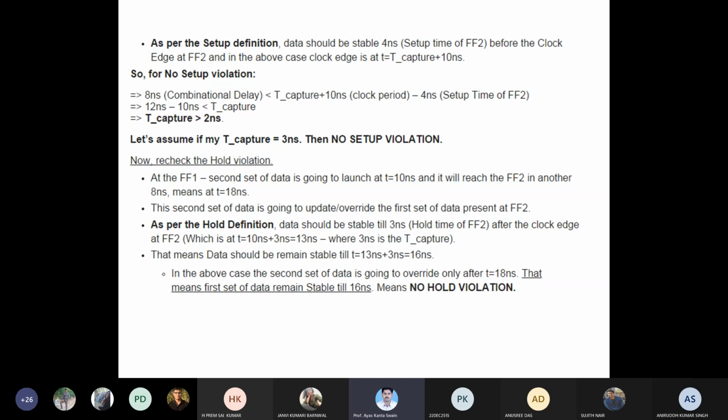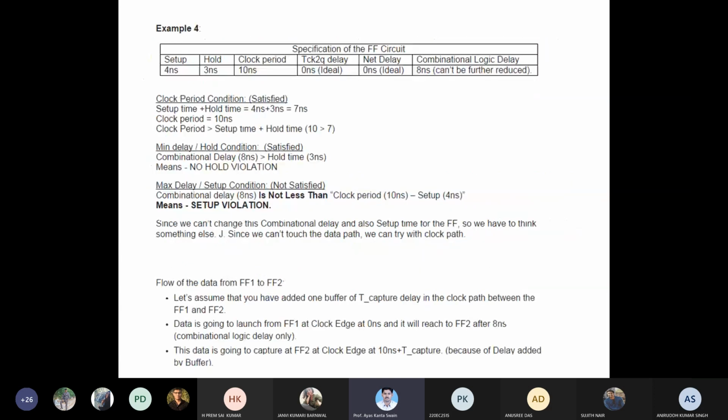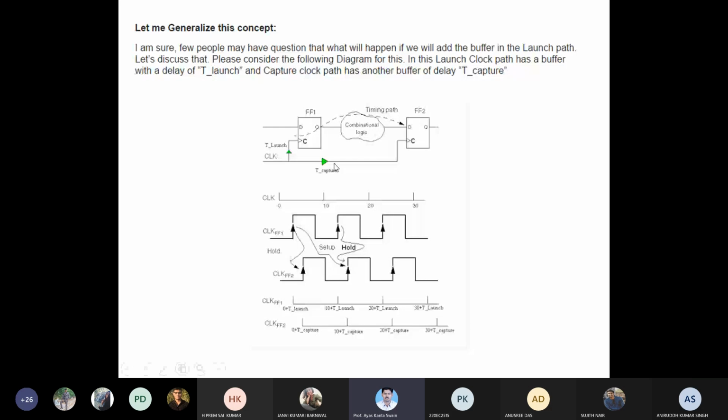Okay, so now there are few scenarios we have taken, and all the possible combination of scenarios we are taking and we are discussing. Now let us take the hold violation. So what is happening here in summary? So this figure is a bit different where they have given this T launch. So don't see this. So what he has done, just forget about T launch in this figure. For our example, which we are discussing, maybe example 4.